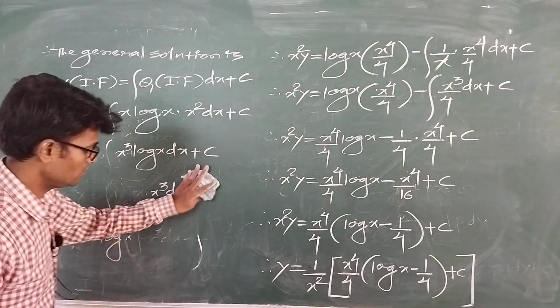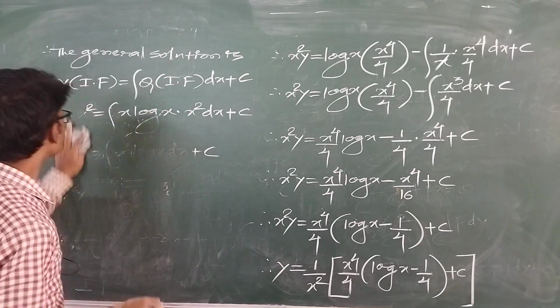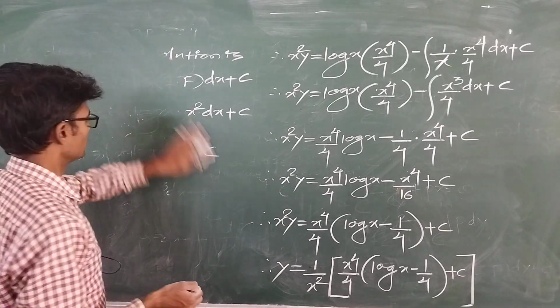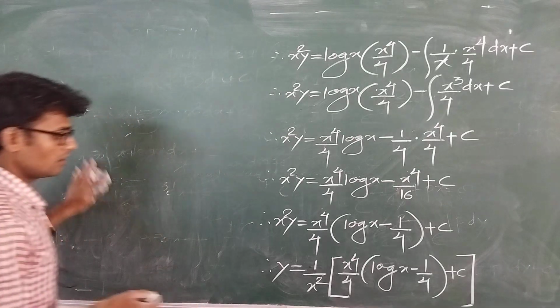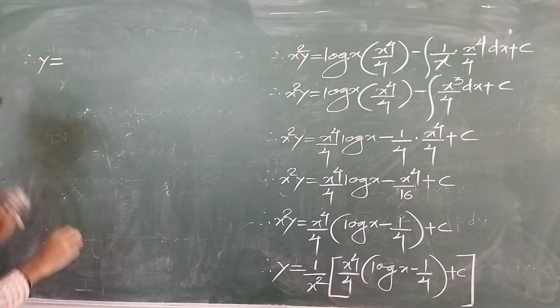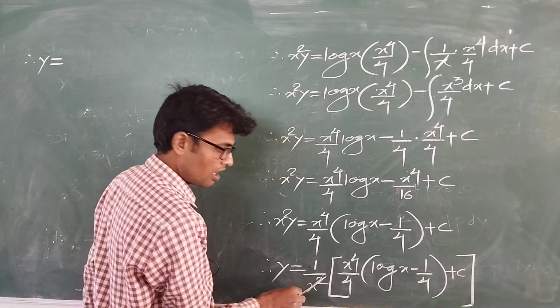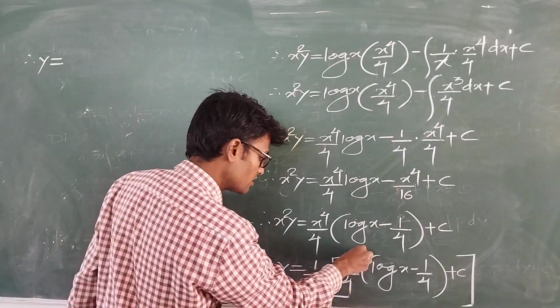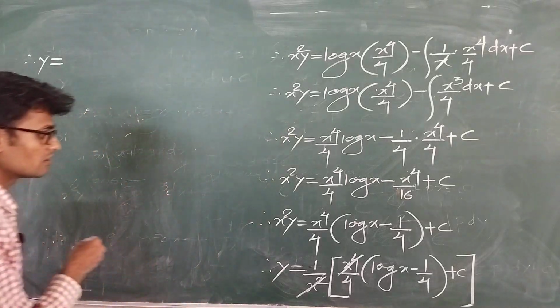So next step, therefore I will write y is equal to this: x square and 1 by x square for x raised to 4 get cancelled.